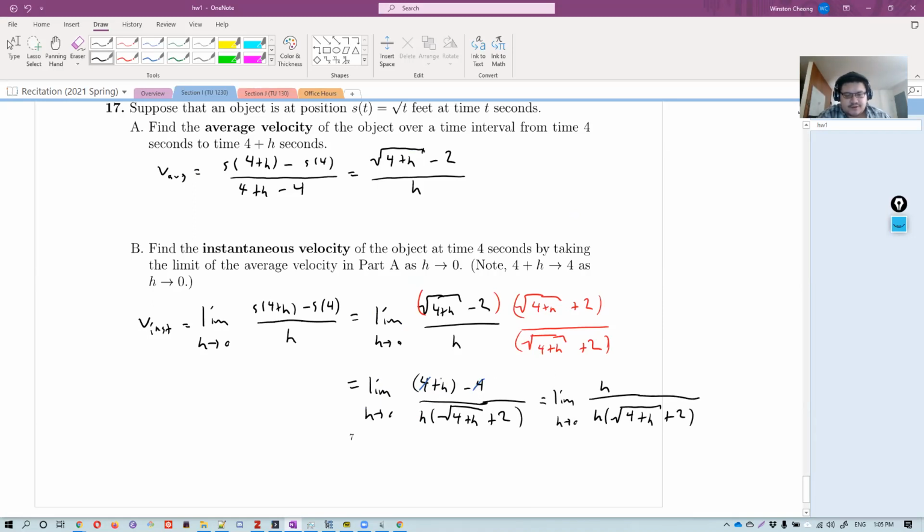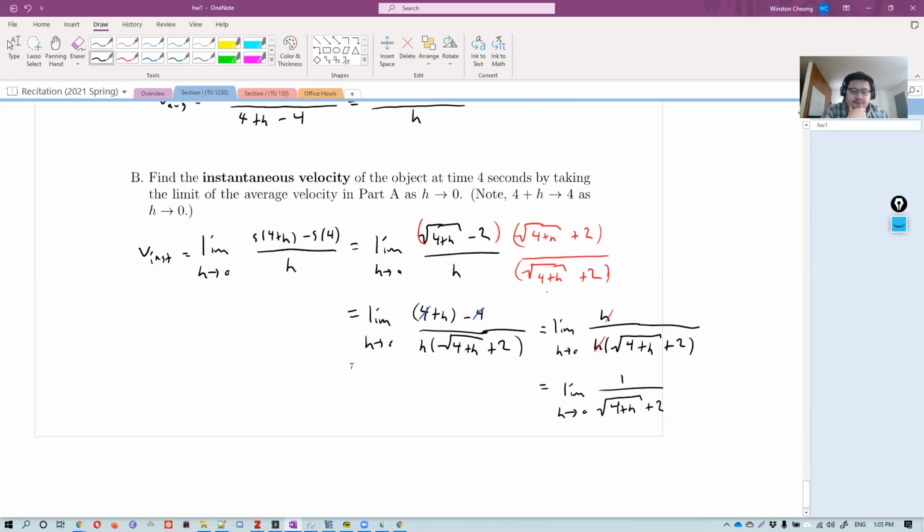So this cancellation is just because of addition and subtraction. This cancellation is because of division. So when you cancel, you're going to get a 1 on top. 1 over square root of 4 plus h plus 2.